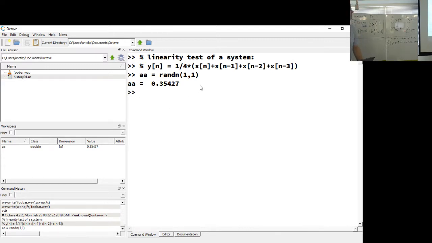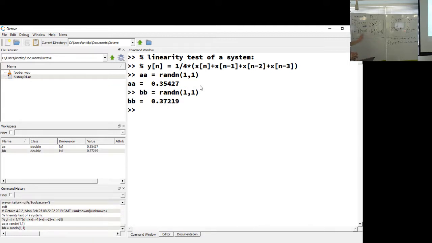Then I need another one. So random 1 1. Okay, that's my B for that one. And then I need two random vectors. Let's take 1000 by 1, meaning, is it 1 by 1000?